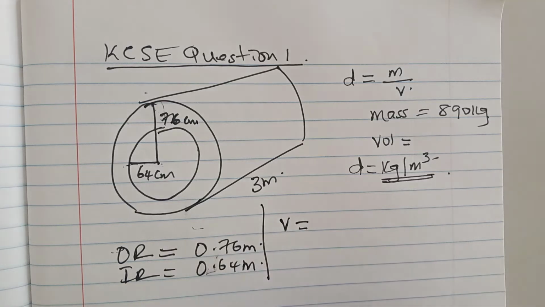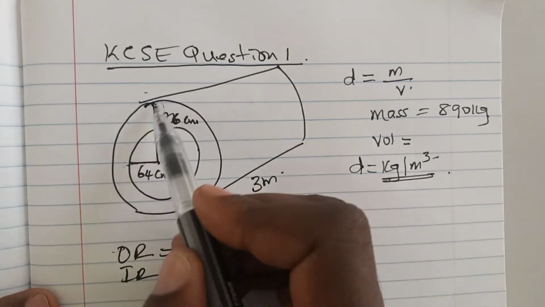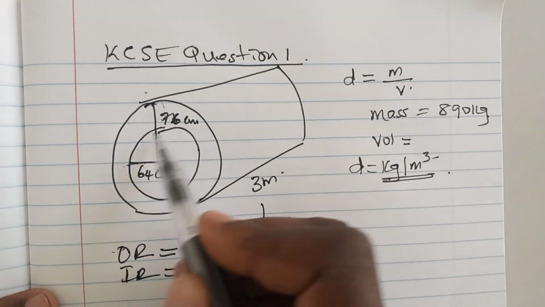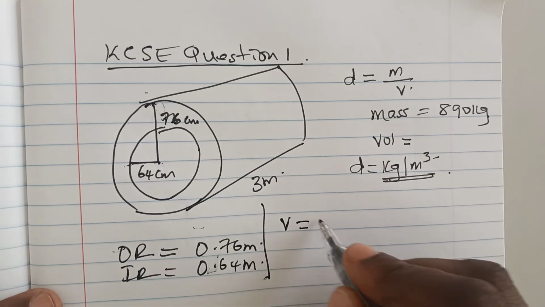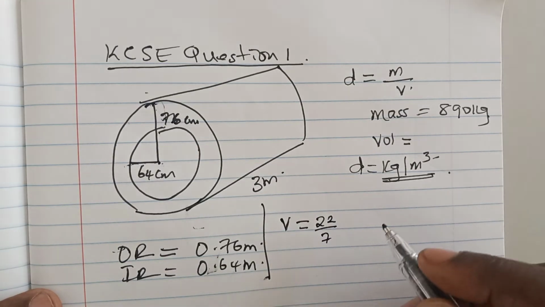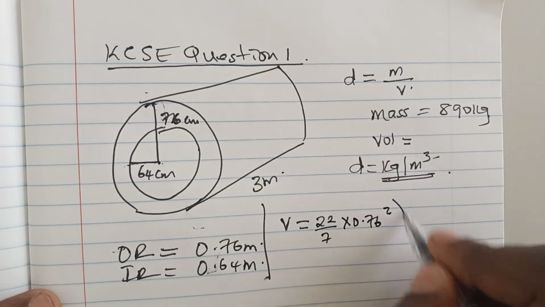So let's talk about the volume. The volume is the cross-sectional area, and the cross-sectional area is the area of the outer circle minus the area of the inner circle. The area of the outer circle is 22 over 7 times 0.76 squared.